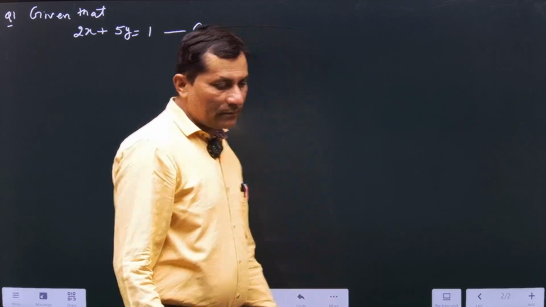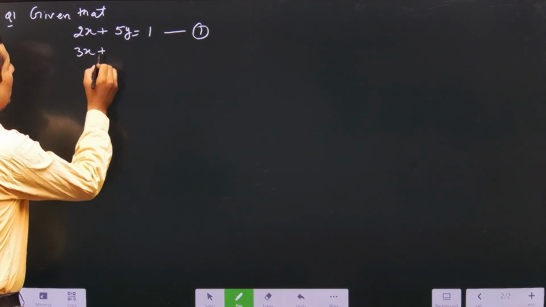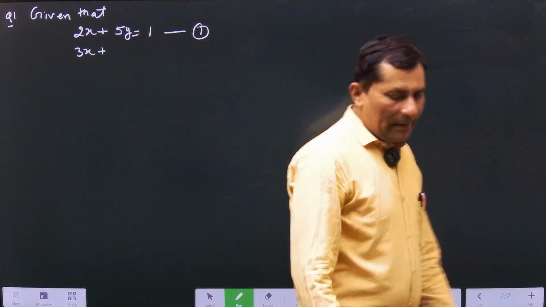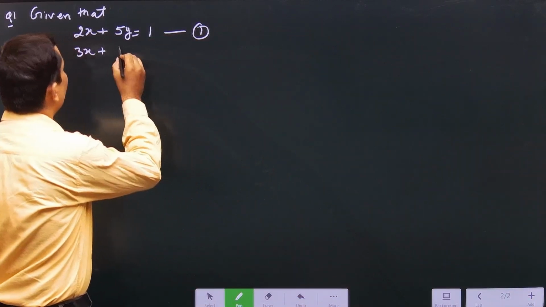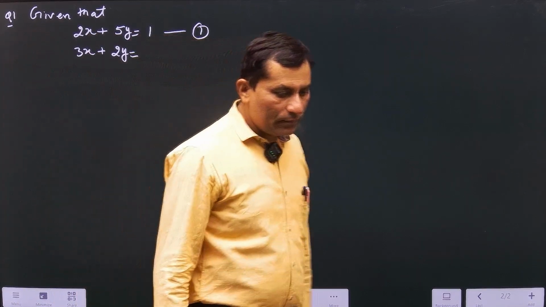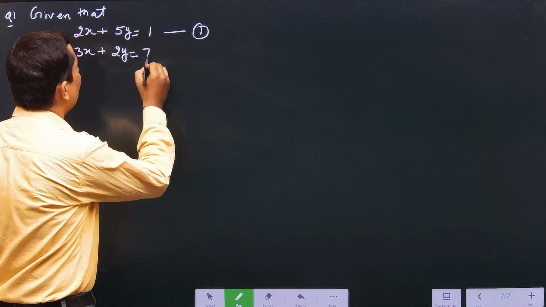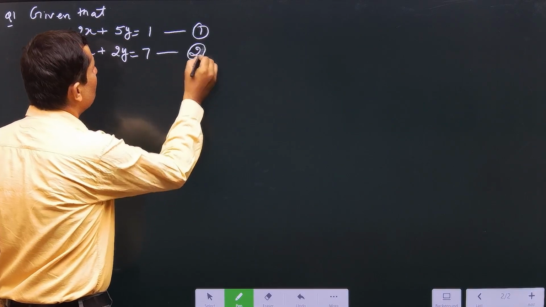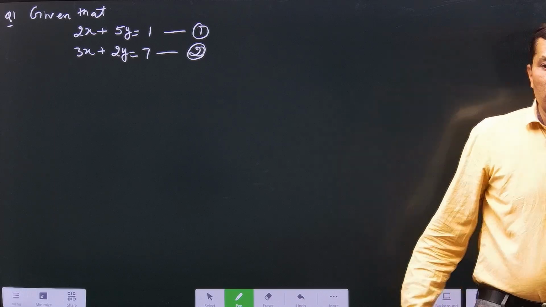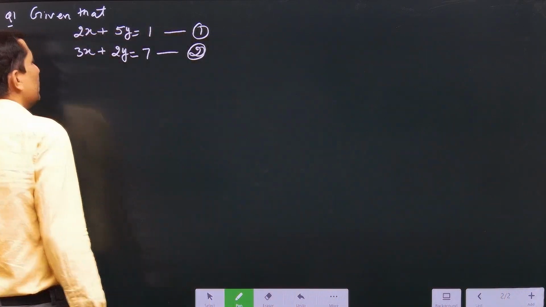And 3x plus 2y is equal to 7. It is your second equation. And you have to find the solution of the system of linear equations by matrix method.